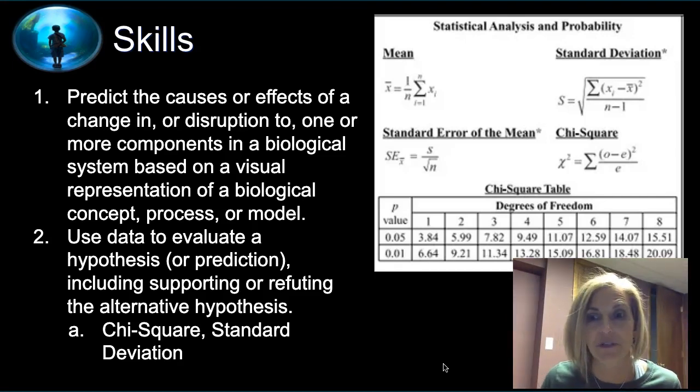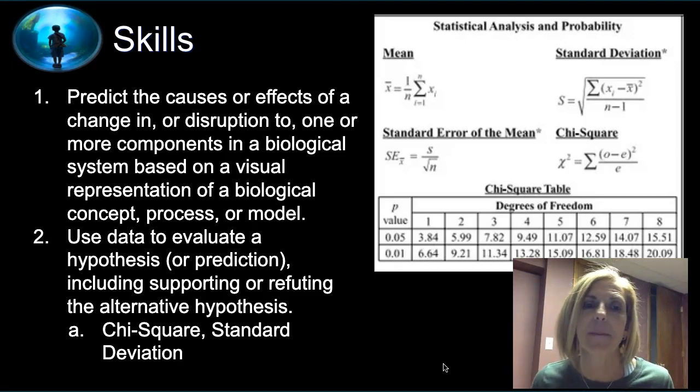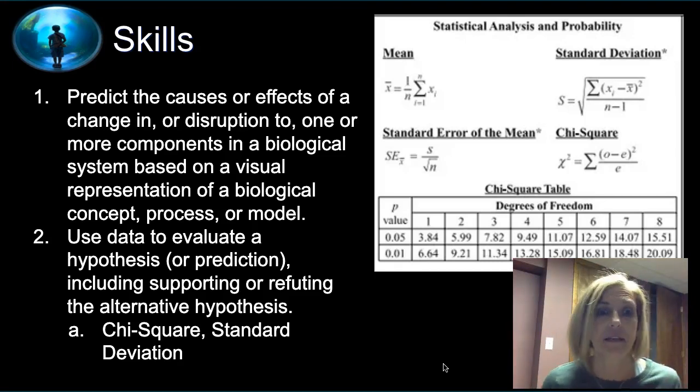The electron transport chain is a system. So identify changes to any of those, disruptions with any of those, based on a visual representation or a biological concept, process, or model. And I think you can apply this skill to almost every unit. If the system changed, how would it affect the outcome, basically?